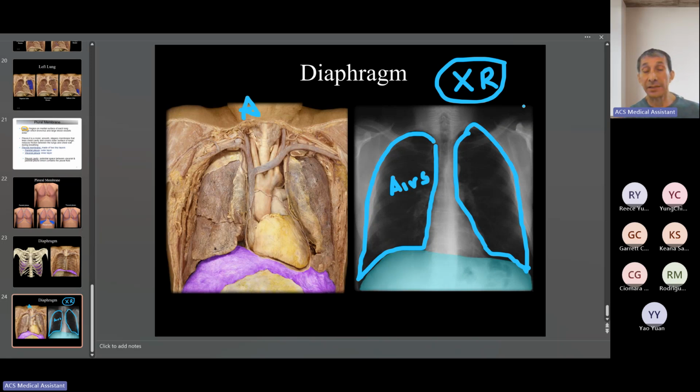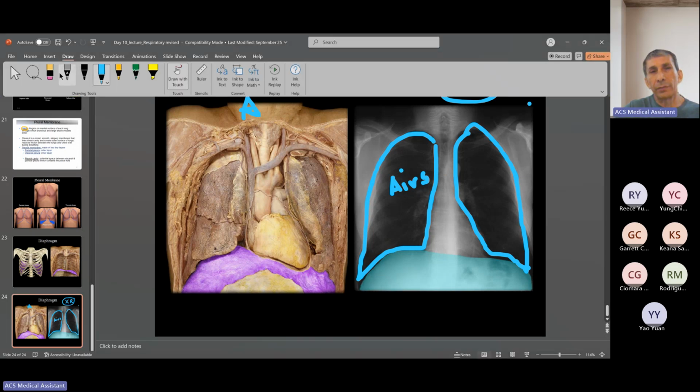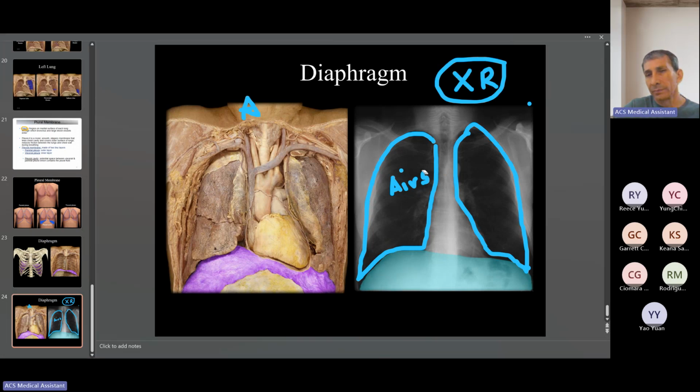The air inside the lungs looks dark, just the way it looks right here. See, it looks dark. That's air. Why did I write down air? Air looks dark. Pay attention.